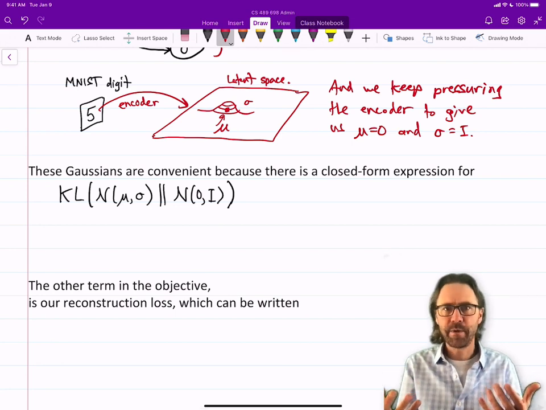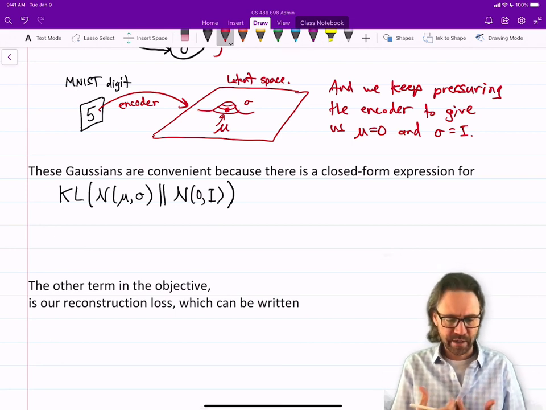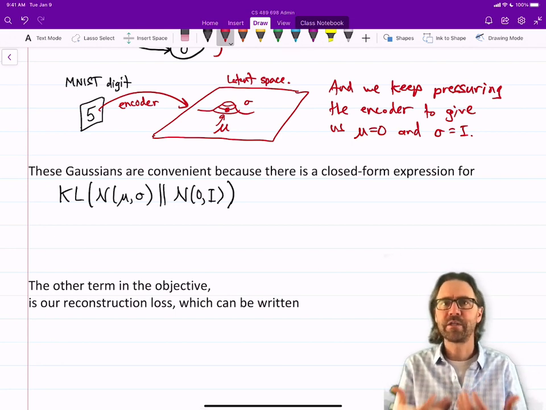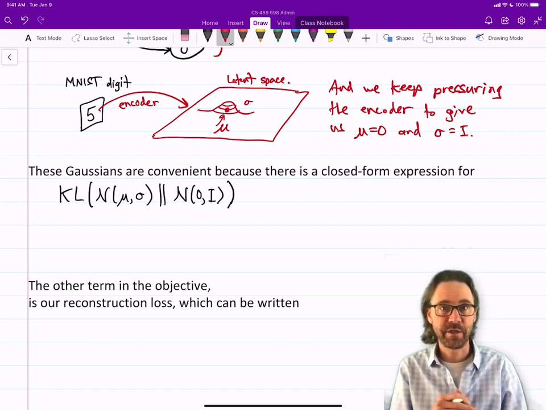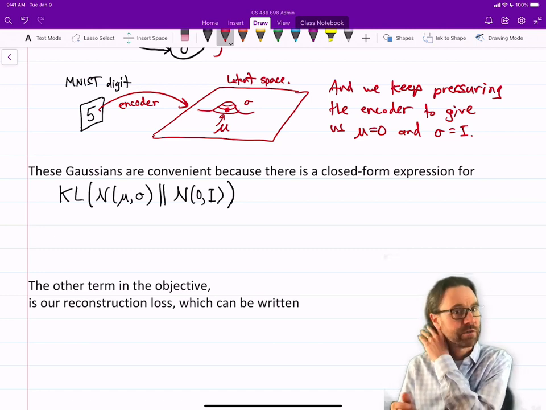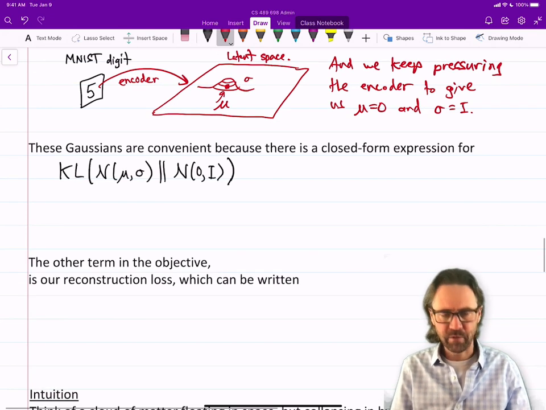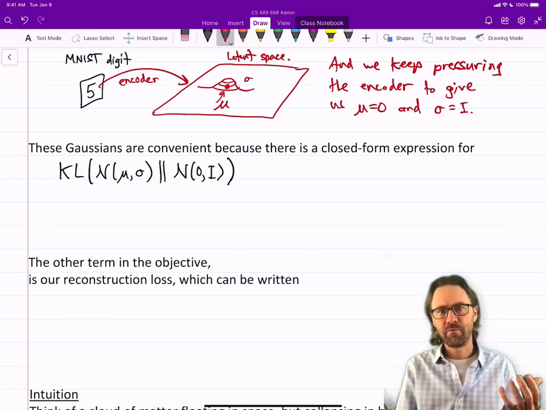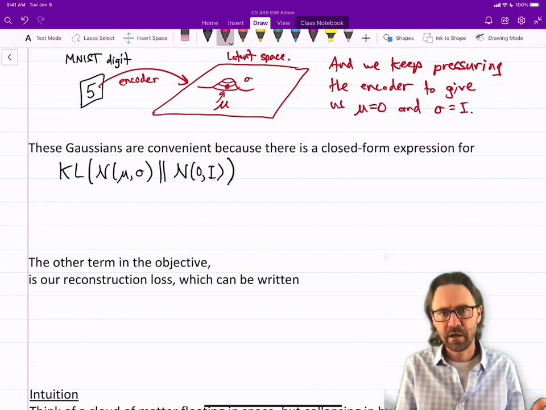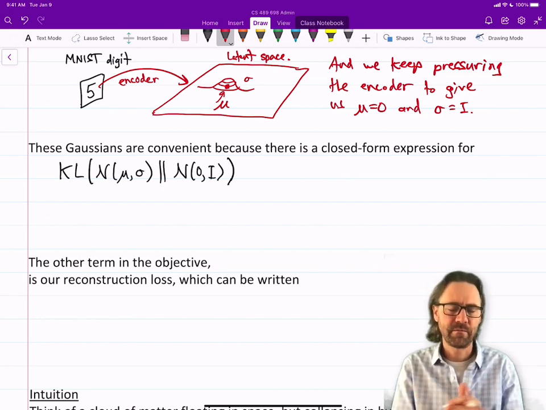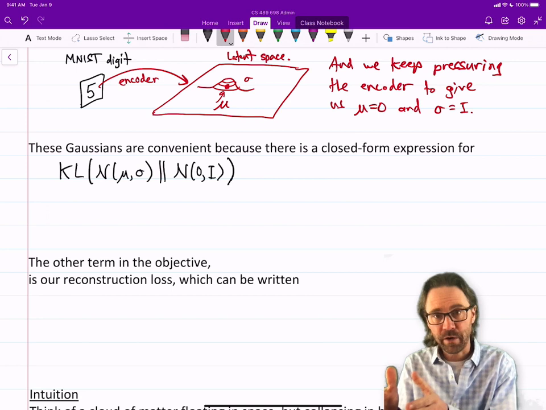And the nice thing about the normal distributions is there's a closed form expression for the KL divergence between two normal distributions. And so I'll write down the version of it where one of the normals has mean mu and standard deviation sigma, and the other one is the standard normal.